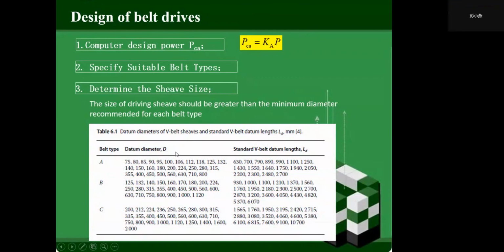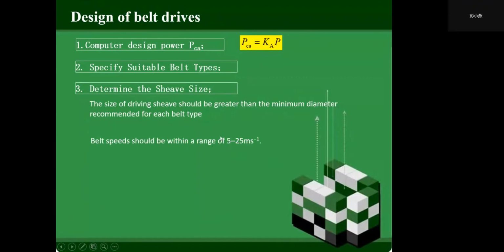We should notice that the diameter of the driven sheave or driven pulley is also standard. You can choose from this table, and then we should check our selection. The belt speed should be within a range of 5 to 25 meters per second, and then check the error of the speed ratio.